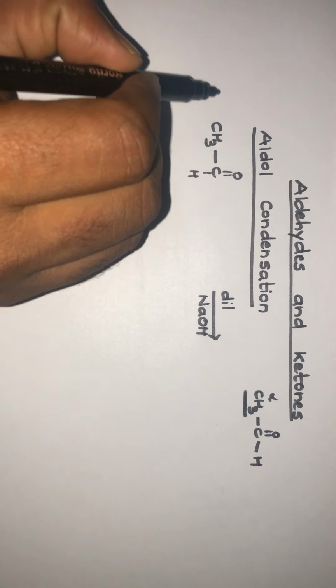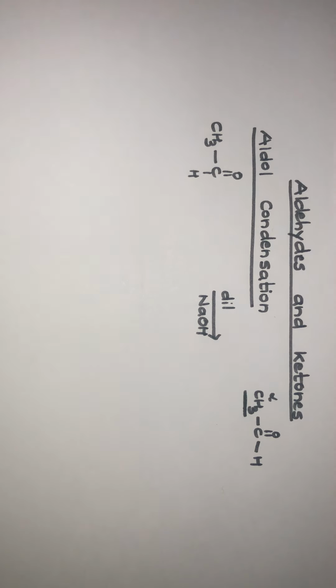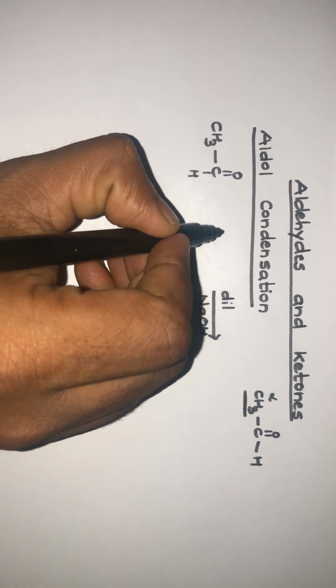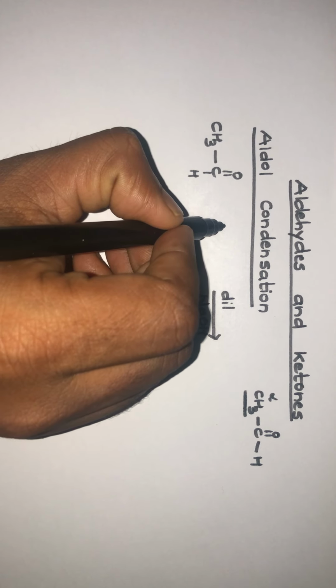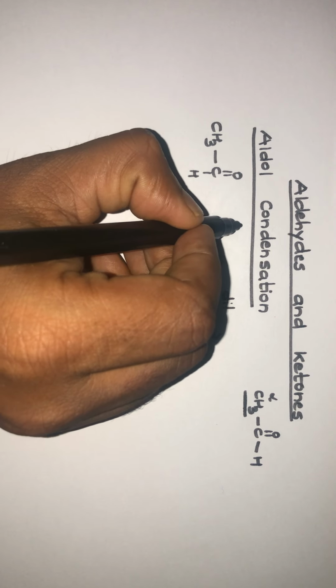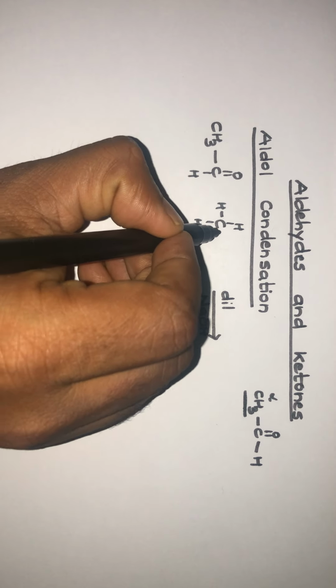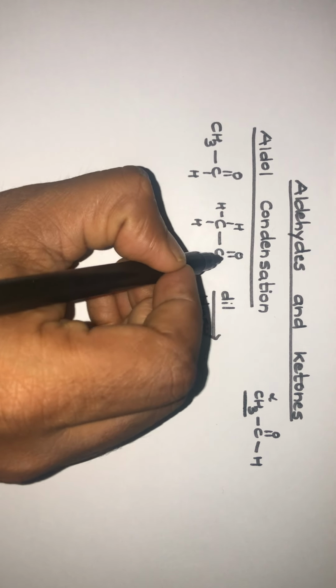That is, two molecules of that particular aldehyde will be used. So I will write another molecule, that is CH3 C double bond OH.